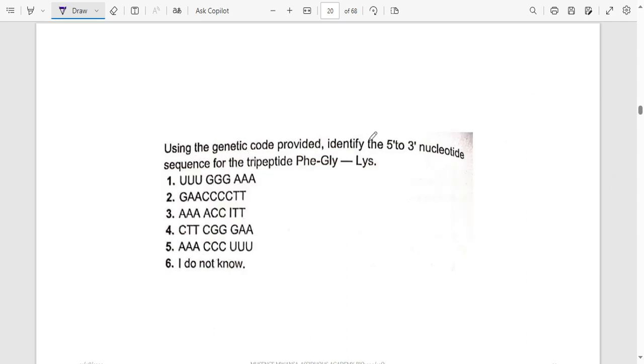Using the genetic code provided, identify the 5' to 3' nucleotide sequence of phenylalanine, glycine, leucine. So let's go to the genetic code. Are you going to remember phenylalanine, glycine, leucine?